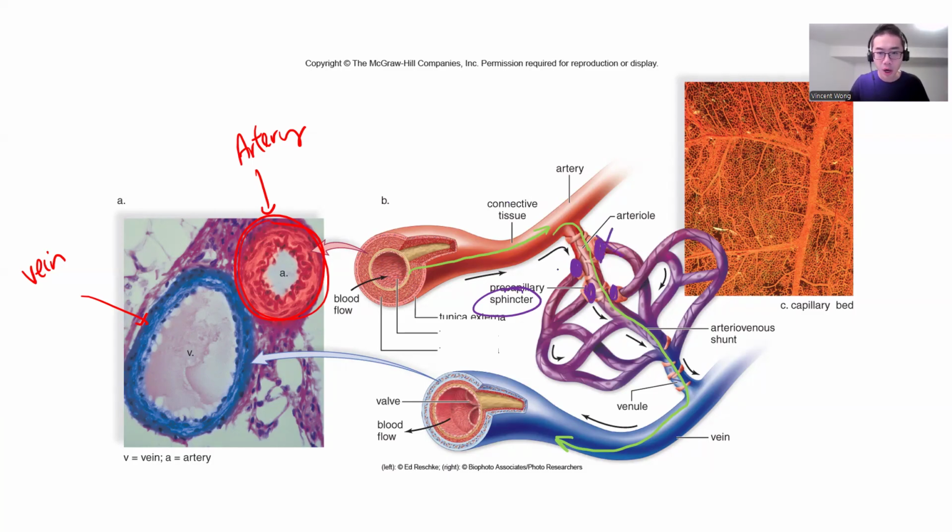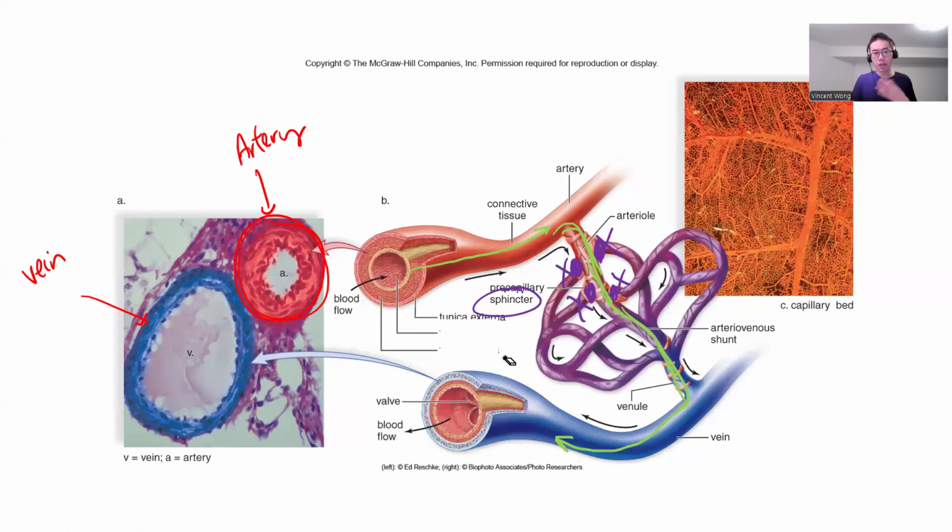If we close off the valve, then the blood is just gonna pass right through and then go to the vein. So that's still supplying oxygen to this region, but not to its maximum capacity.